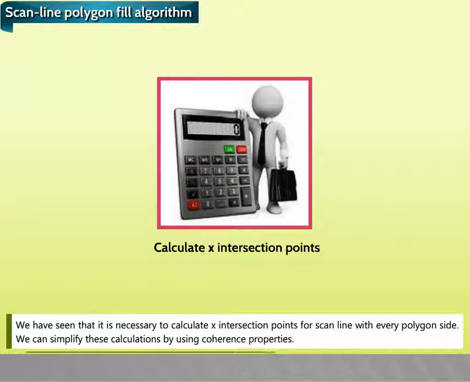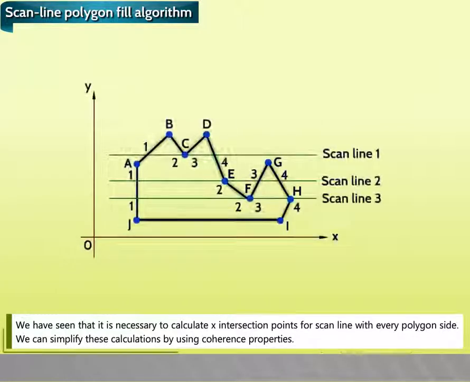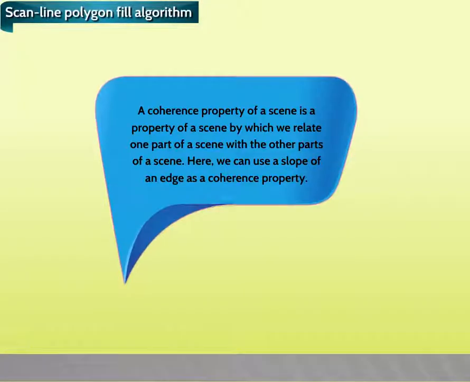We have seen that it is necessary to calculate x intersection points for the scanline with every polygon side. We can simplify these calculations by using coherence properties. A coherence property of a scene is a property by which we relate one part of a scene with the other parts of the scene.